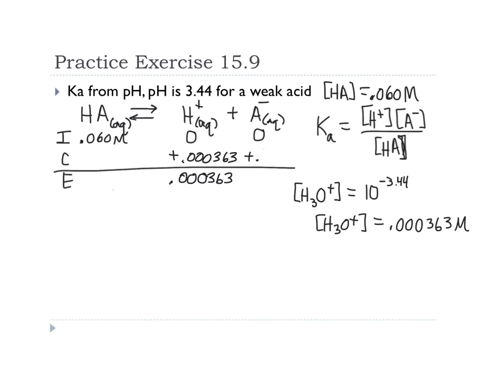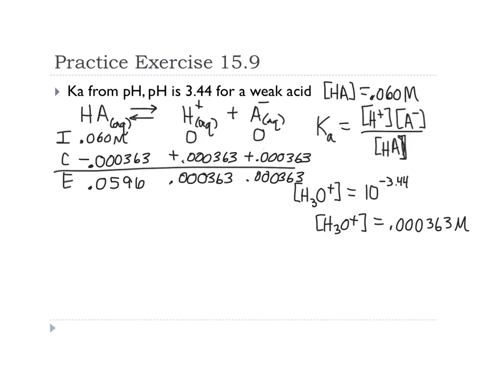And since these two have the same coefficient and we started with none, this must also be the same value, or the same concentration. And since these are all 1-to-1 ratios, this change line must be minus 0.000363. And if I do the subtraction, that makes the equilibrium concentration of the non-dissociated acid 0.0596.